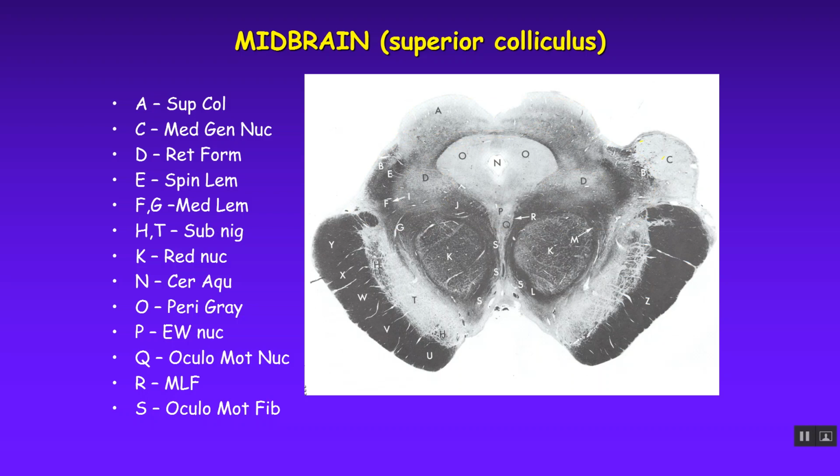E, here's the spinal lemniscus. This whole region here, this is the medial lemniscus. So if you remember, down a little lower, down in the pons, the medial lemniscus was here and the spinal lemniscus was kind of here in that more pure medial lateral orientation.